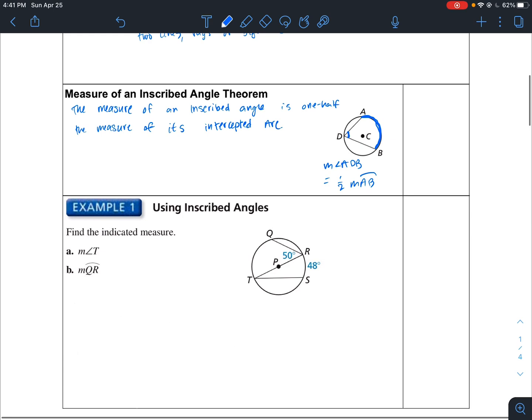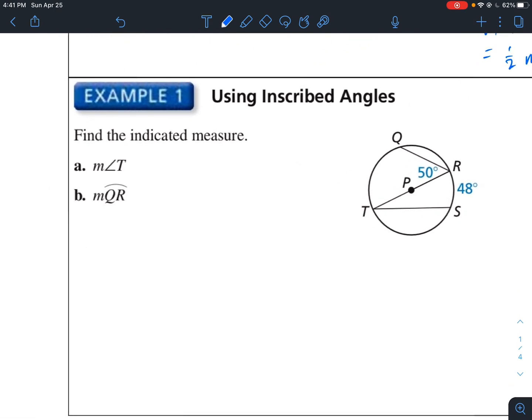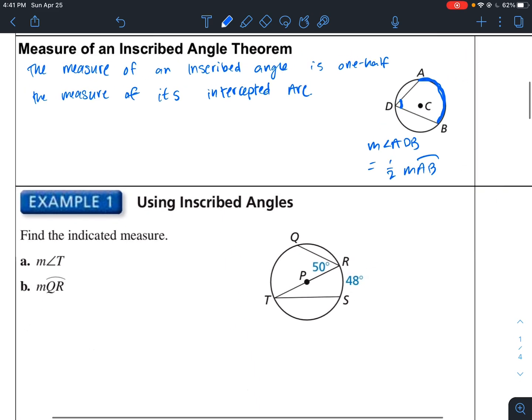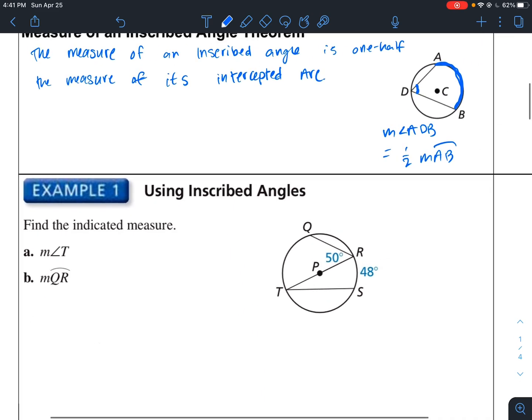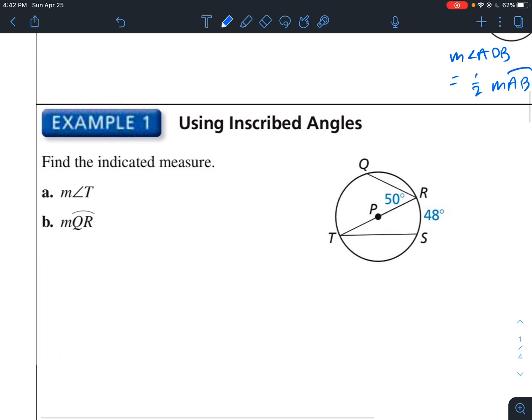So let's look at this example and see how we can apply this theorem and the relationship between intercepted arcs and inscribed angles. So, measure of angle T. What is the measure of angle T? Well, we see that its corresponding intercepted arc is 48.